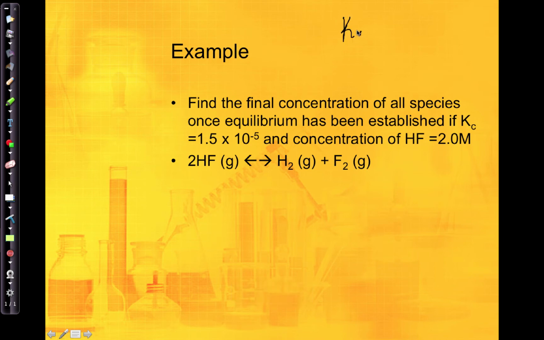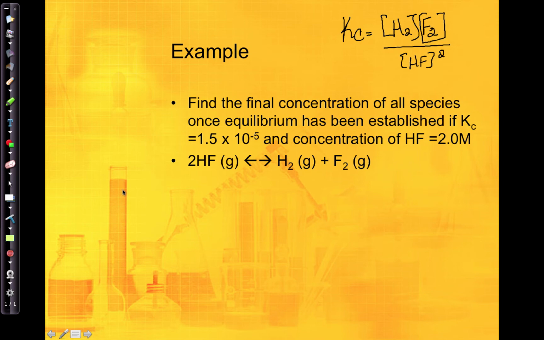So Kc is equal to the products, so hydrogen multiplied by fluorine, divided by our reactants, so HF, and that is going to be squared. Alright, so we have our Kc expression.